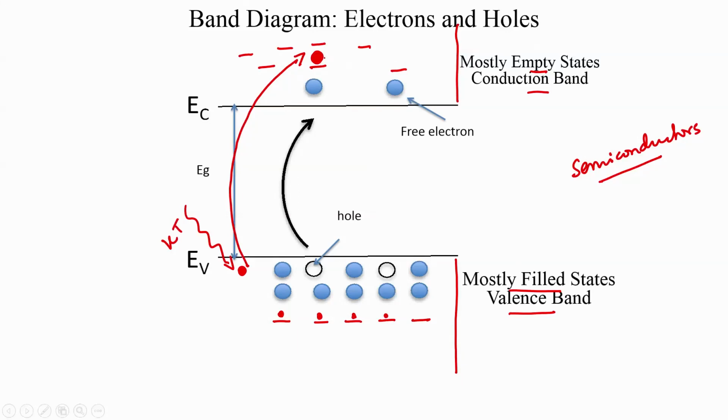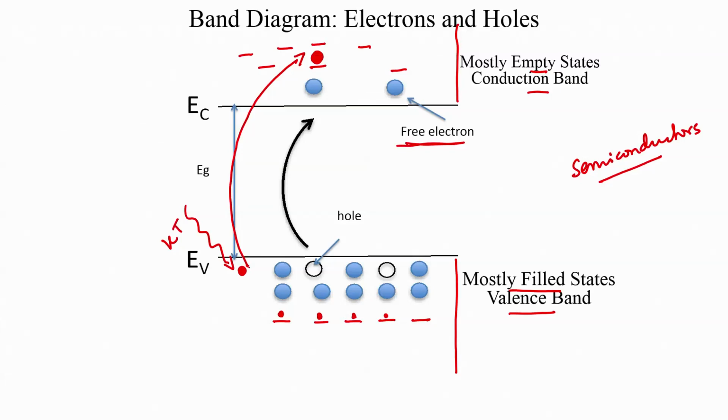Now this electron is free to move about in the crystal, and it is called a free electron. It is of great interest to us to count the number of free electrons in the crystal, because it provides a measure of the current through the crystal.